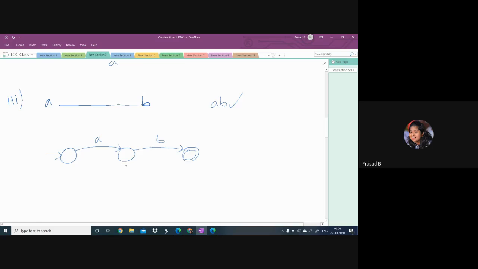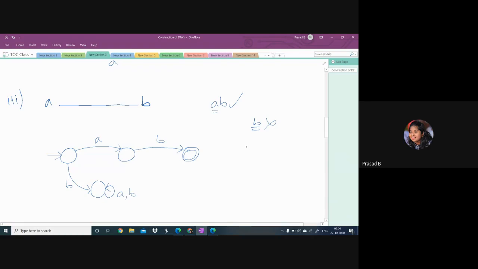Now convert into DFA. Starting with A. If the string is starting with B, we should not accept. So that is the reason here we require the dead state, because starting symbol should be A. Instead of that, if the starting symbol is B, we must go to dead state.